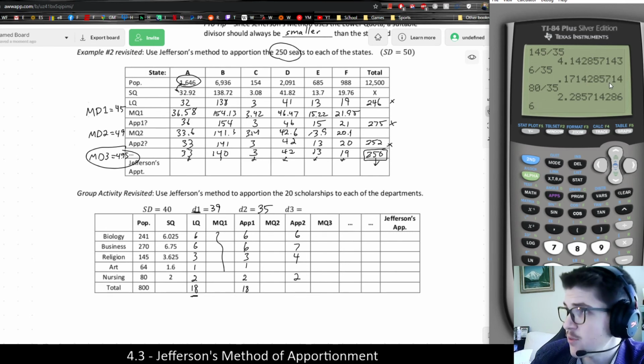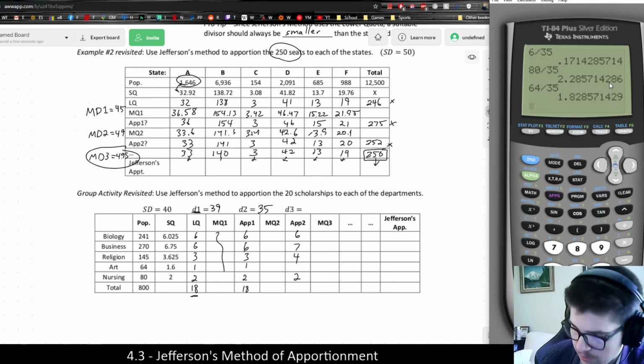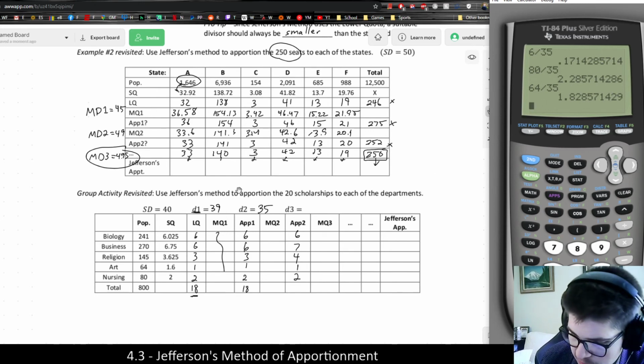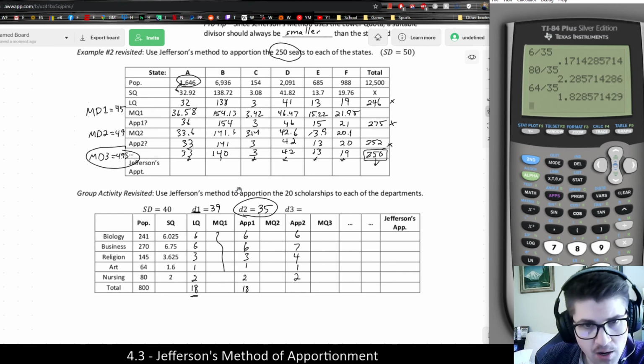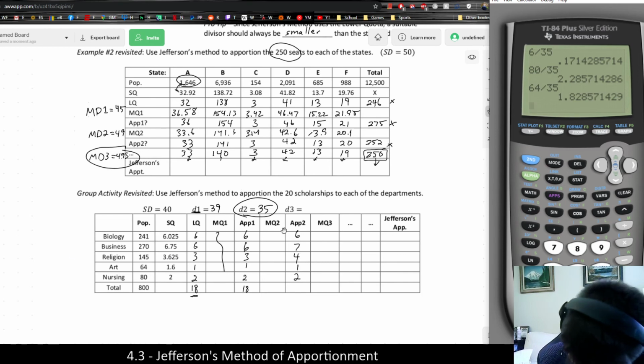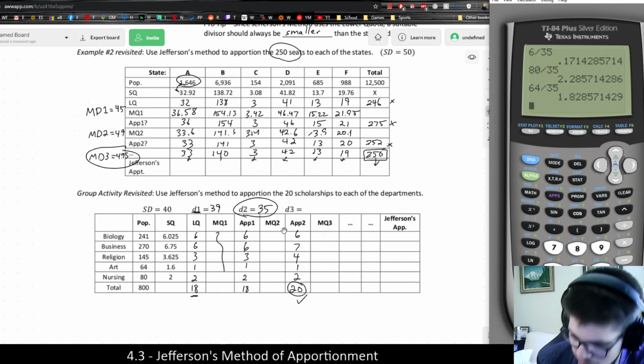And it looks like 64, I did not type in the 4, leaving 1.8 to round down to 1. And in the case of using a modified divisor of 35, this appears to work because that would add up to 13, 17, 19, 18, 20. And so in this case, I have found my suitable divisor.